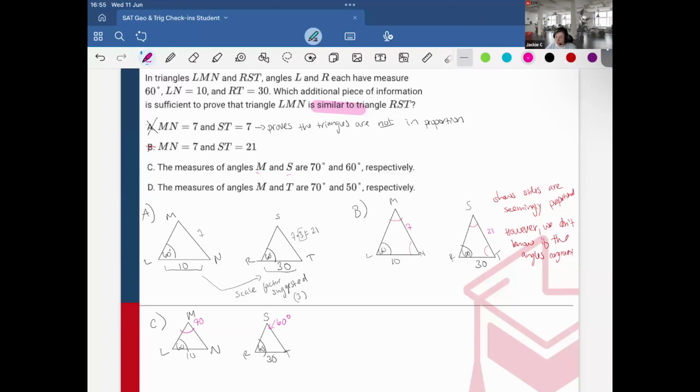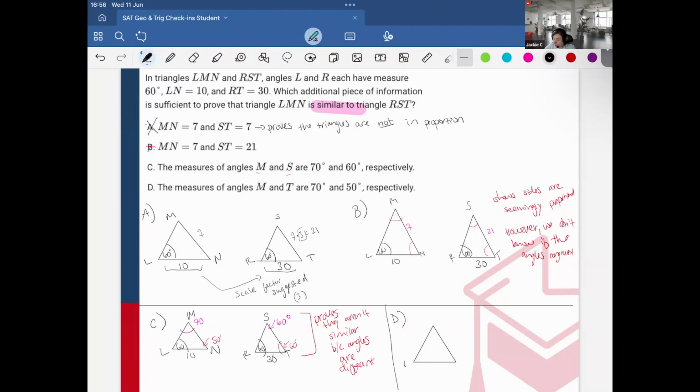Well, this actually proves that they aren't similar, because the angles are different. To fill this in, this would also have to be 60 and this would be 50. And remember, in order for it to be a similar triangle, all three angles must be congruent and the sides must be in proportion to each other.